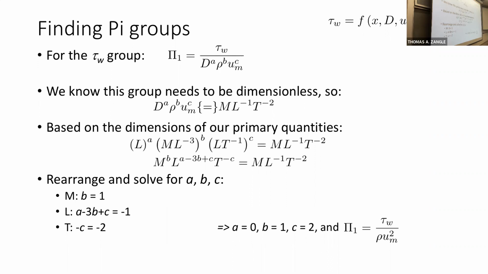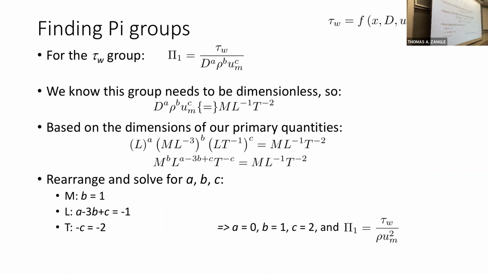So the case where you would not have a solution to this, you could have a degenerate matrix, right? And that would be if you've chosen primary variables that themselves form a pi group, then you would not be able to solve this problem. And then you'd have to go back and make another choice for primary variables.